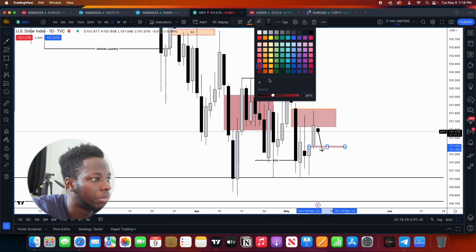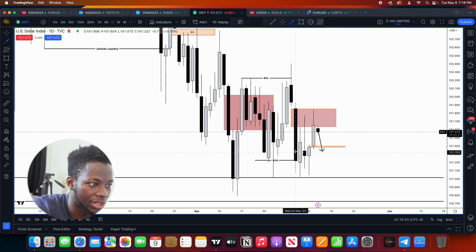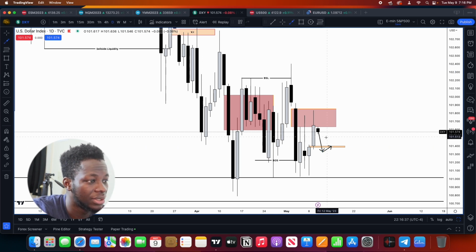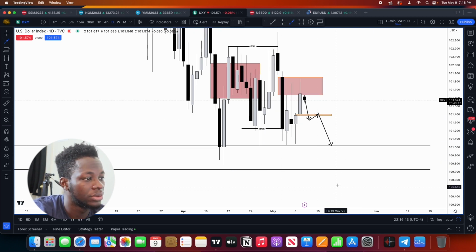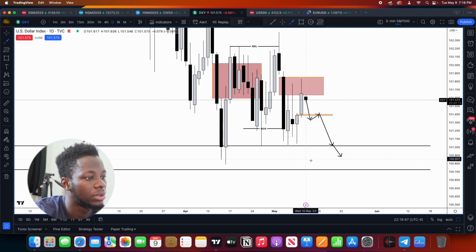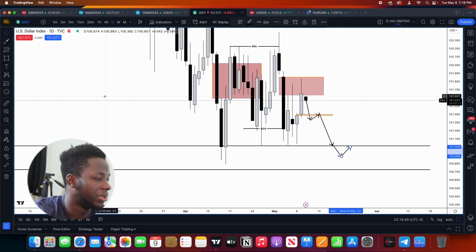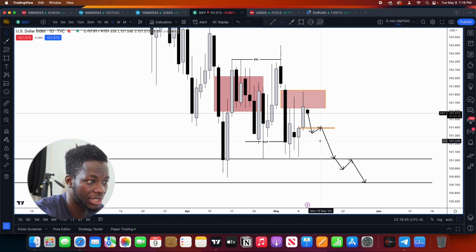So we may have a bump right here, and then retrace, touch it once again, and then aim for these lows, and then potentially trade below, and maybe something like that. That's my expectation on DXY.